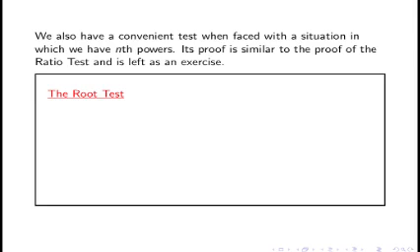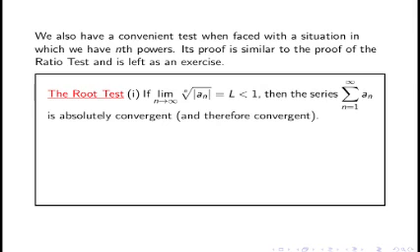Now we've got another test which is convenient whenever we have nth powers coming up in the expression for an. And this is called the nth root test, or the root test. And it goes like this. If the limit as n goes to infinity of the nth root of the absolute value of an is L less than 1, then the series, the sum from 1 to infinity of an, is absolutely convergent and therefore convergent.